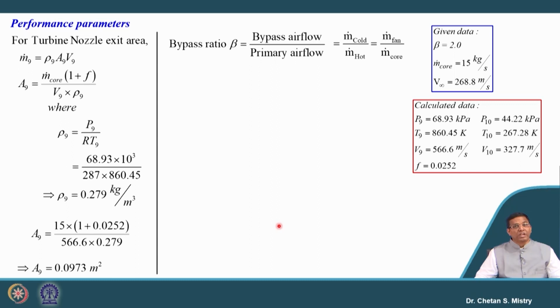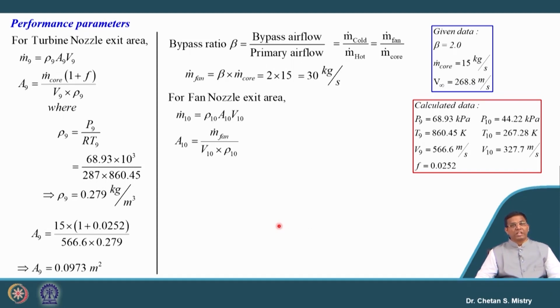Similarly, we can do the calculation for the exit area of the fan nozzle. For that, we need the mass flow rate from this nozzle, and this mass flow rate is given by beta into m dot core. This beta is given, it is 2 into 15, and that gives 30 kg per second. Let us put this number. My area is given by m dot divided by V10 into density, and the density is P10 by R T10.